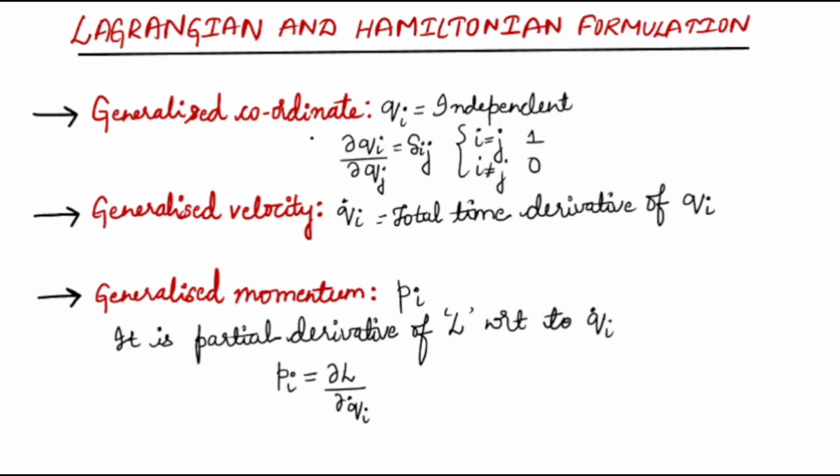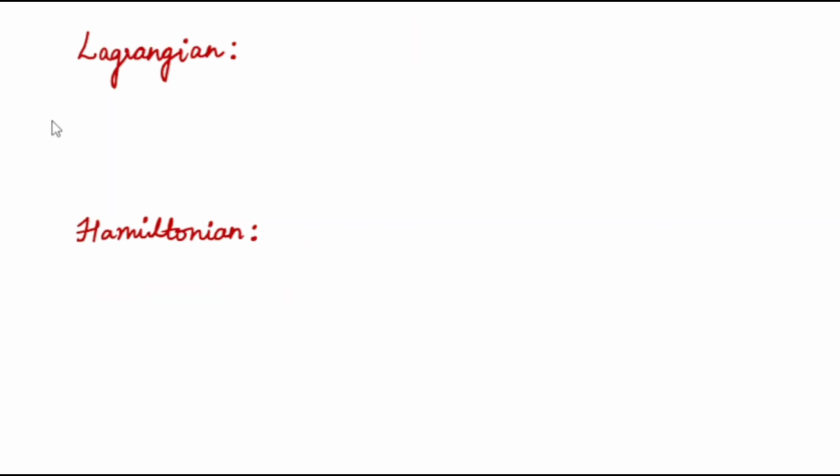Now we have got to know about generalized coordinate, generalized velocity as well as generalized momentum. Now we shall define what is Lagrangian. Lagrangian depends on generalized coordinate, generalized velocity as well as time.